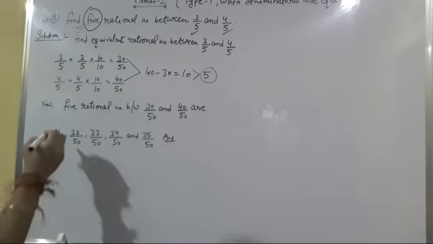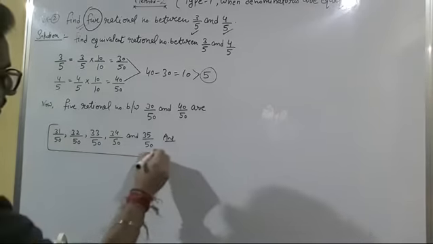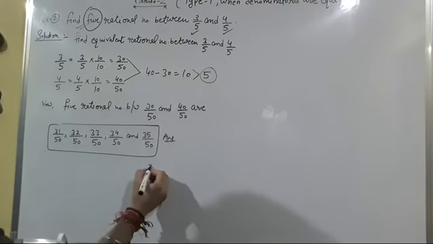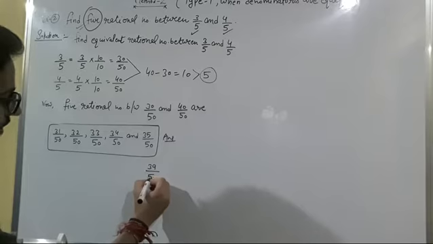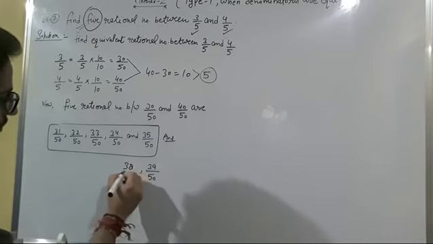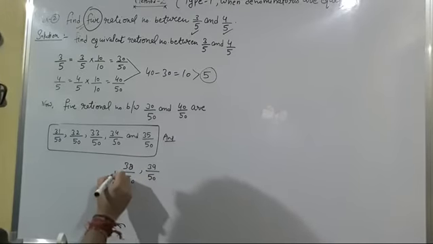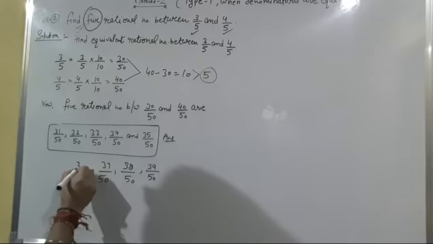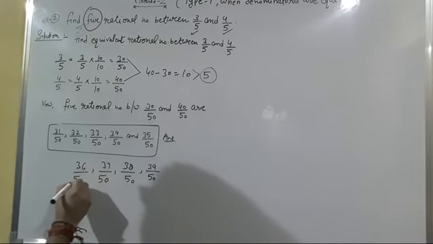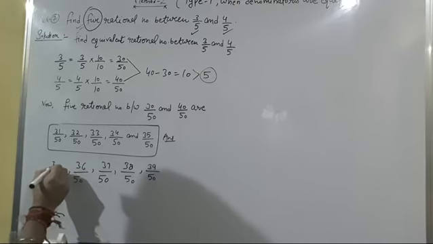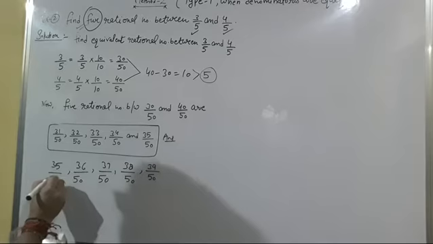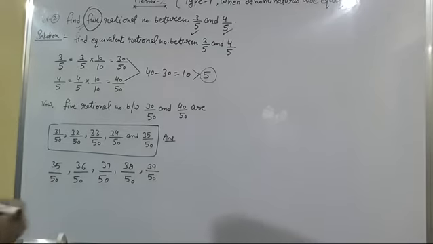It is not necessary that you will write these 5 as your answers. You can also write 39 upon 50, 38 upon 50, 37 upon 50, 36 upon 50, and 35 upon 50 as the required rational numbers.